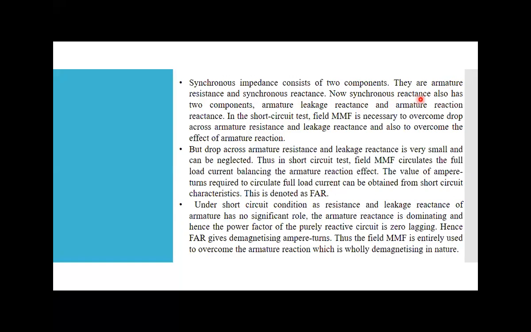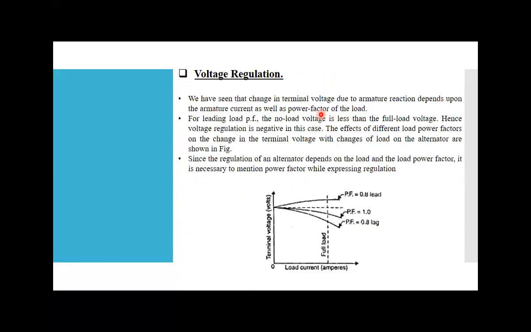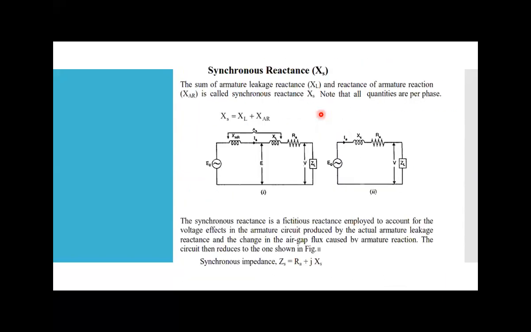Now my synchronous reactance XS is again divided into two components. I already gave you that in the PPT. You can see here, my XS is divided into two components. What are they? XL and XAR.